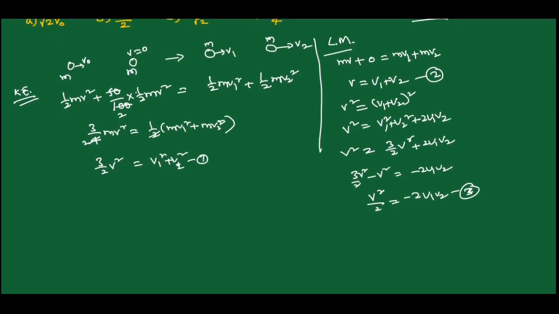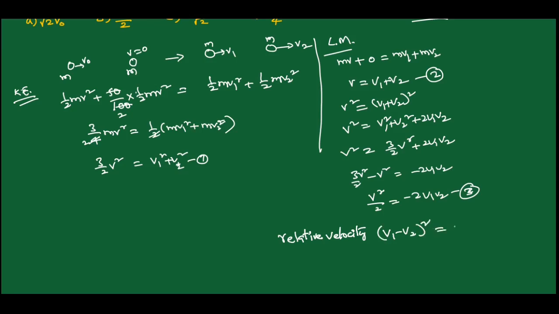Next, to find the relative velocity, I'm taking v1 minus v2 whole square.